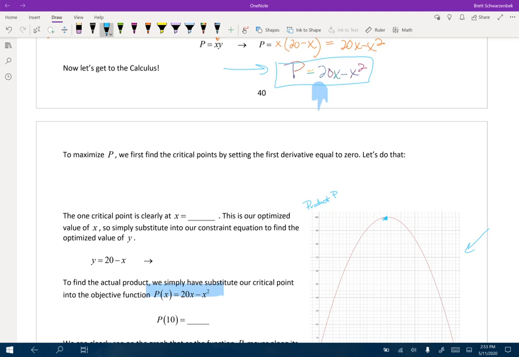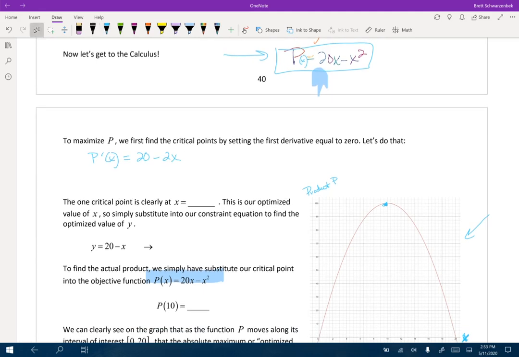Well, I'm going to change this equation to p of x. So we're going to call it p of x. So therefore, we can do p prime of x is equal to the derivative of 20x, which is 20, minus the derivative of x squared, which is 2x. So what we just did was find the equation that represents the slope of the tangent line.